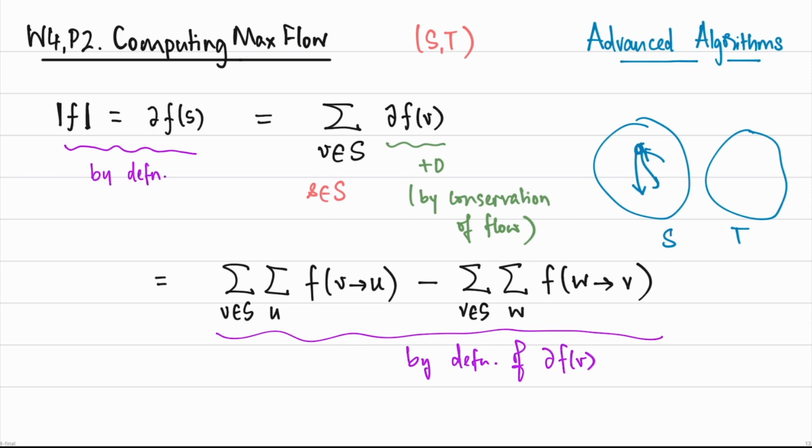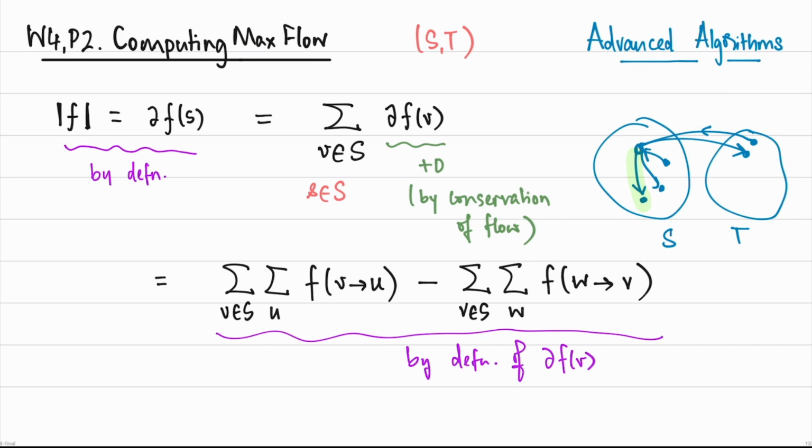And some of these edges, well, they're going to land at or come from other vertices in S, but some of them are also going to land at or come from vertices outside of S, which is vertices of T. So if you think about the edges which are fully inside S, you'll notice that they show up exactly twice in this overall expression, once positively and once negatively, right?